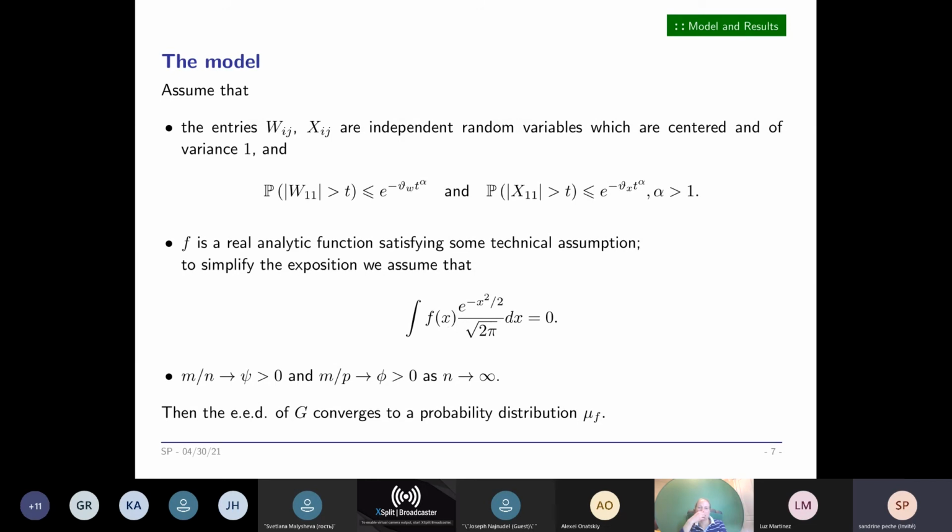And with Luca, we have tried to show that the result holds for much more general ensembles of random matrices, so a much wider class than Gaussian matrices. We assume that W and X have entries which are centered, of variance 1, and have sub-exponential tails.